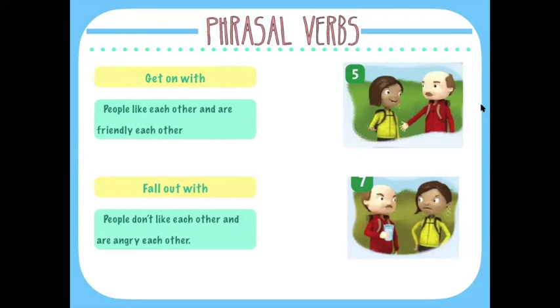When you talk about get on with, it's about the relationship. When people like each other, cuando se gustan o se caen bien, and are friendly, cuando son amigos, you use get on with. But in the opposite, you use fall out with, when people don't like each other and are angry with each other.